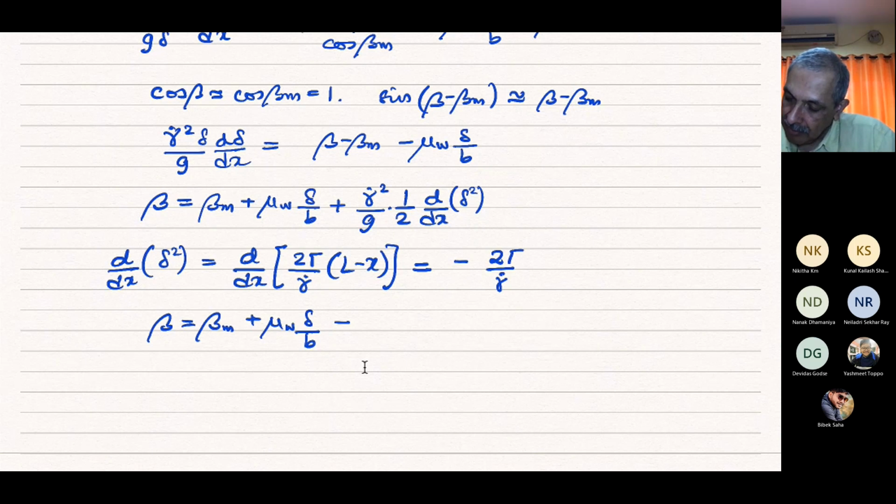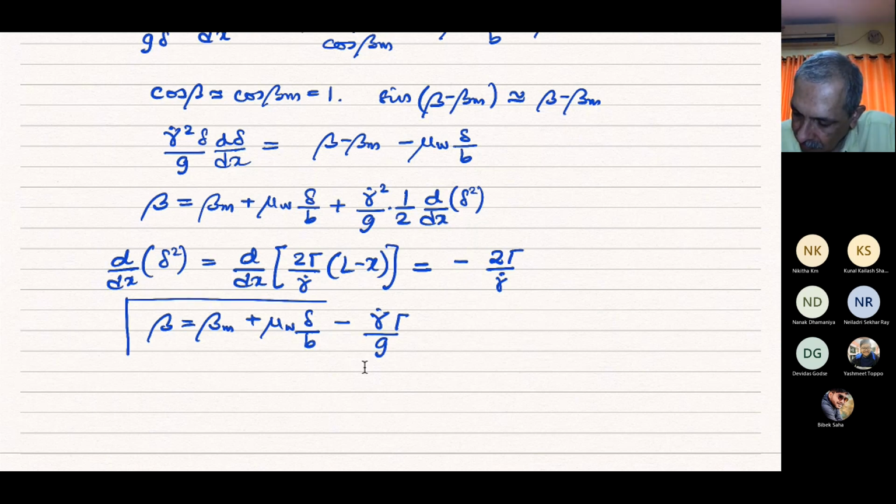And then when I substitute for this, 2 cancels out, gamma dot cancels out. So you will just get gamma dot gamma by g. So this is the result that we have.